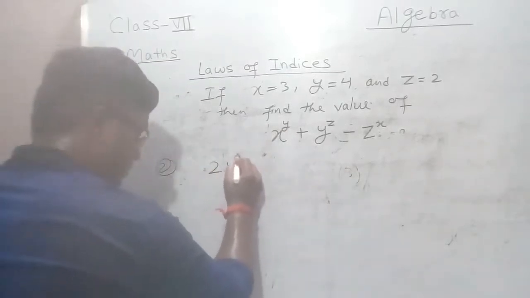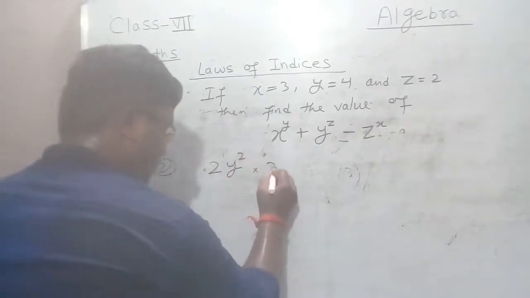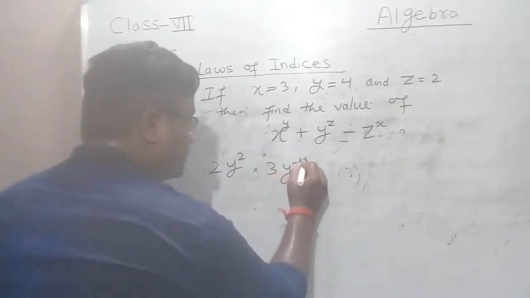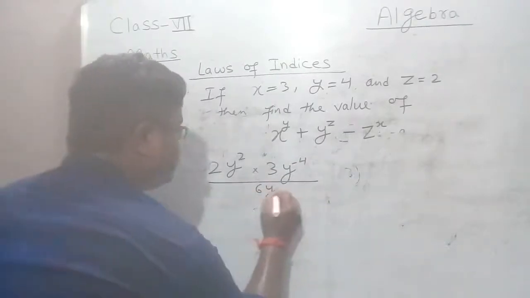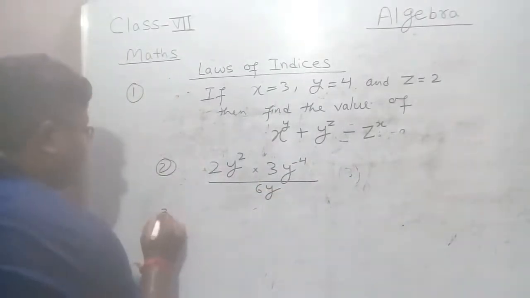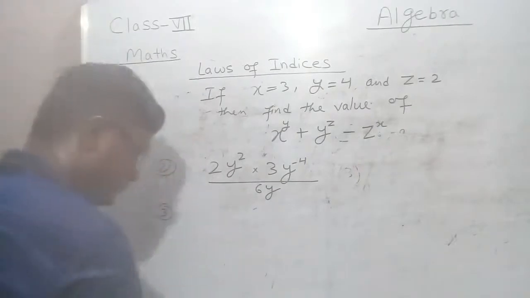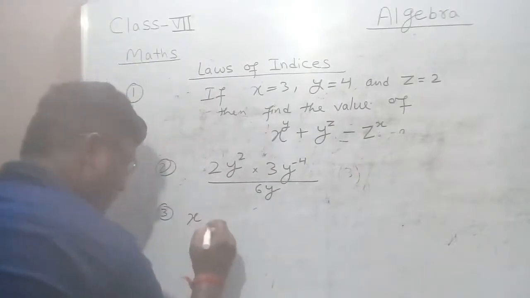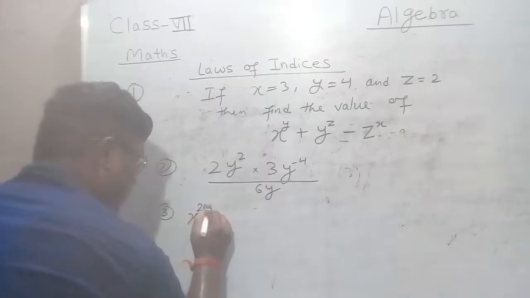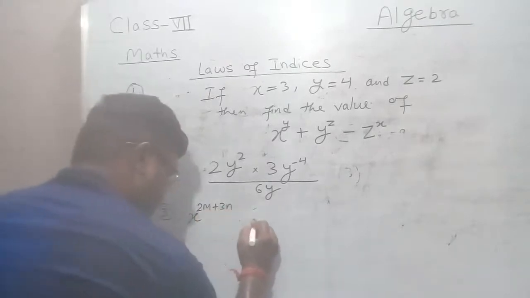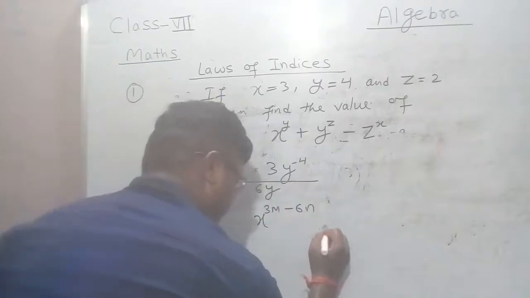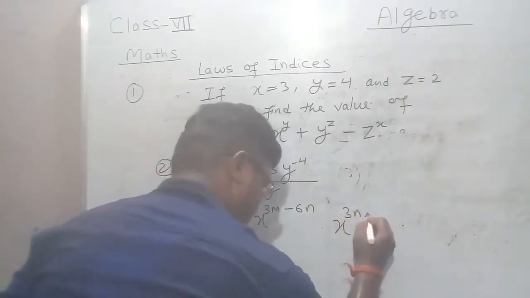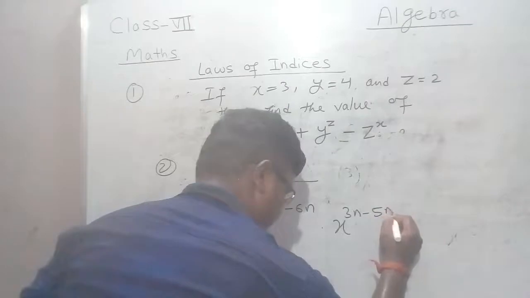Simplify 2y to the power 2 into 3y to the power minus 4 upon 6y. Okay, your third question is, x to the power 2m plus 3n, x to the power 3m minus 6n, x to the power 3n minus 5n.